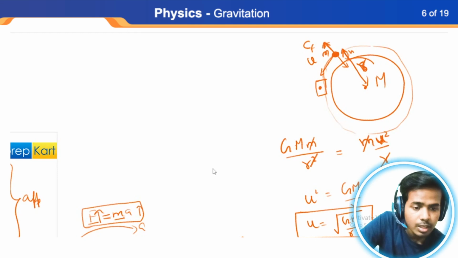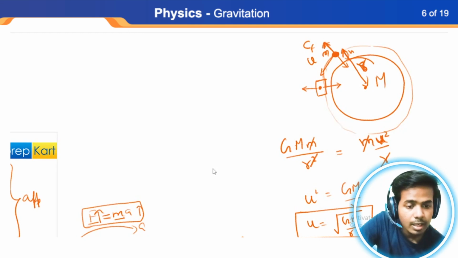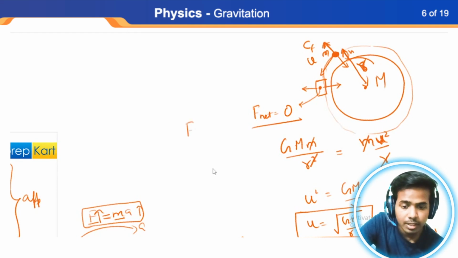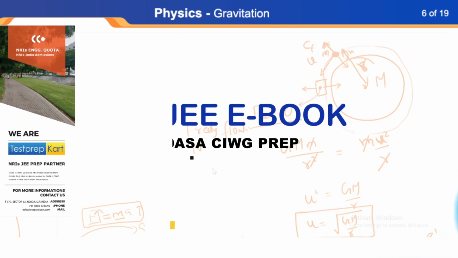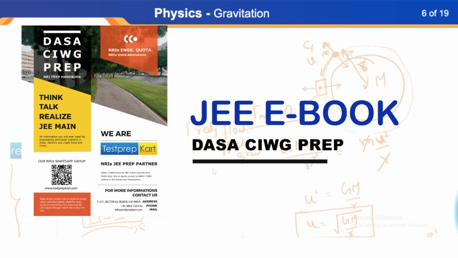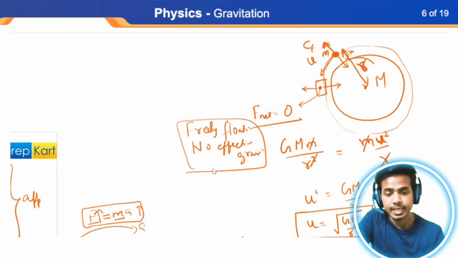Of course, the gravitational force will be in this direction, but the same amount of force will be acting in the other direction due to the rotation, the centrifugal force, which results in F net on the body equal to 0, which means it is freely floating inside the International Space Station. No effective gravitation. All right. So these are the effects of staying on a satellite.